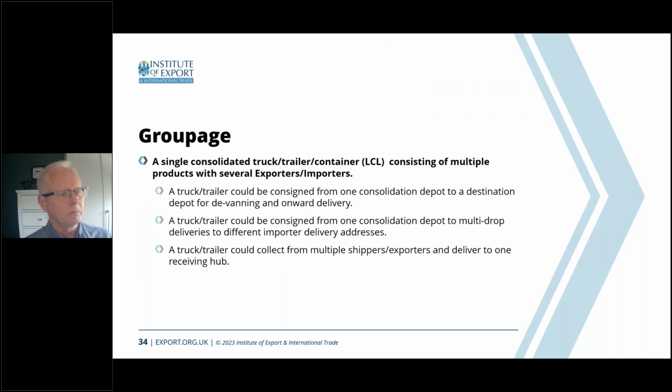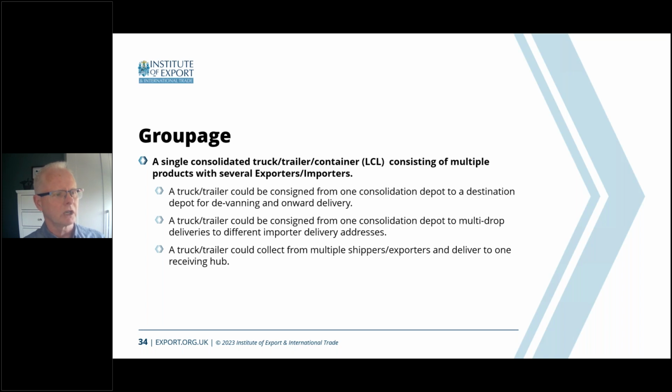Yeah, so groupage. I know a lot of you will know what groupage is, but in terms of the TOM, it's a single consolidated truck, container or trailer. In terms of the container, it could be a less than container load, that's what LCL means, consisting of multiple products with several exporters or importers.